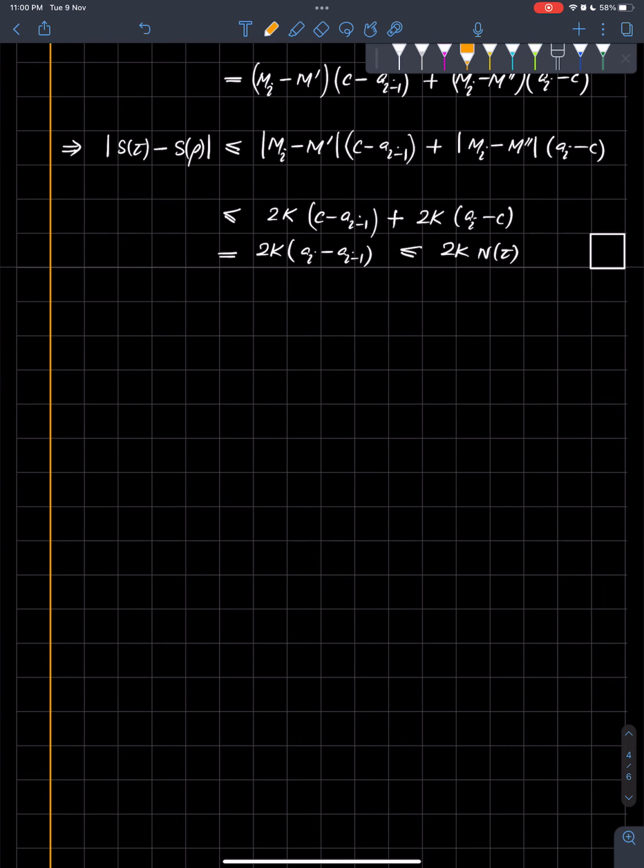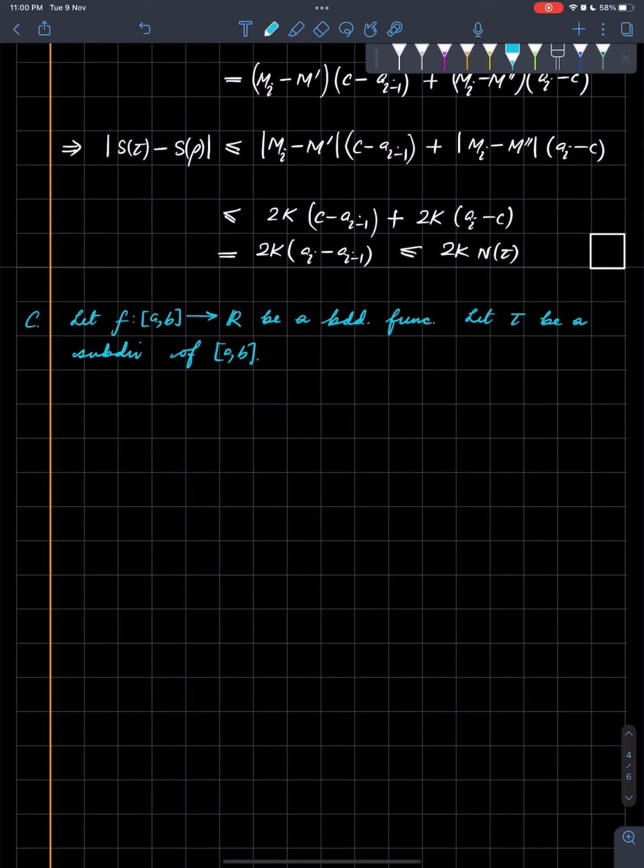This lemma has an immediate corollary. Corollary: again, let f be a bounded function, and let tau be a subdivision of a, b.